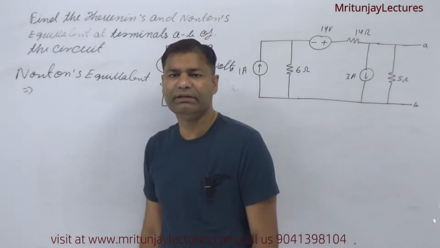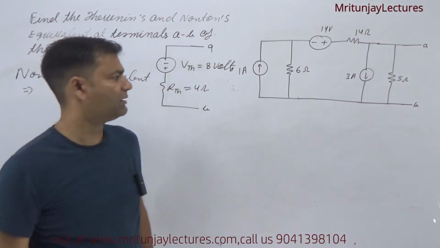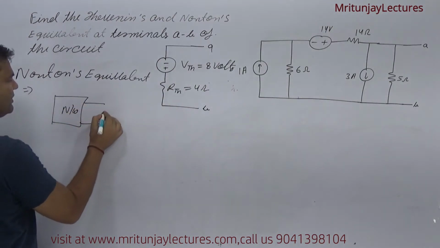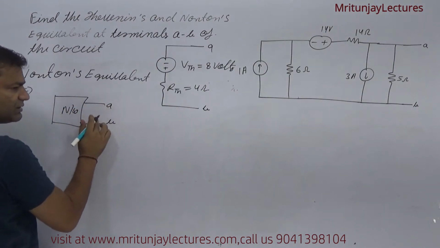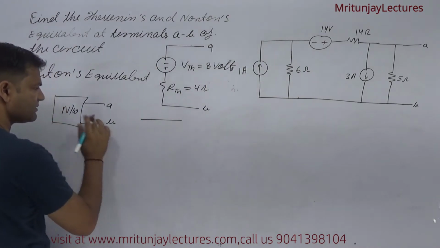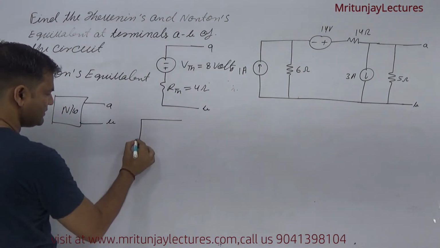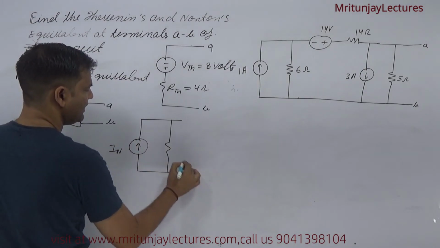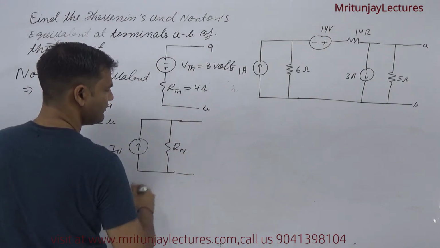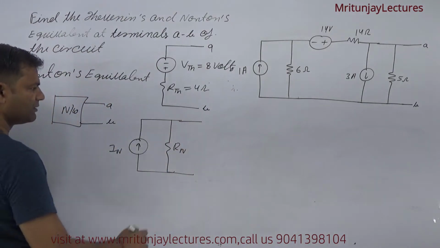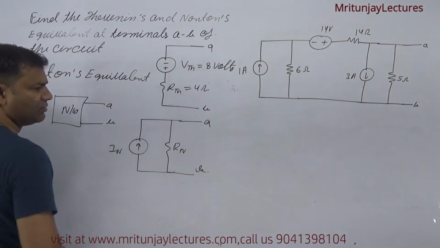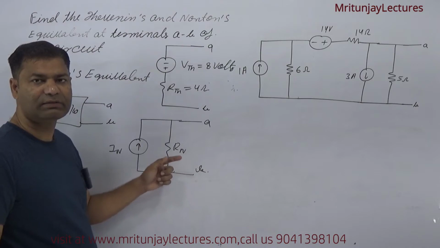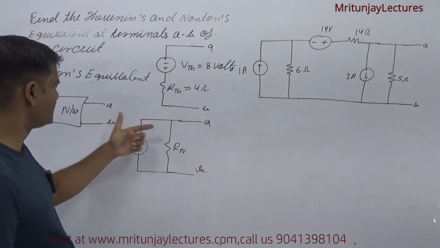If a linear bilateral network has terminals AB and a load is connected here, then this circuit is also represented by the Norton current IN and RN. If load RL is connected, it is connected here; otherwise, if the load is not connected, it behaves like open.